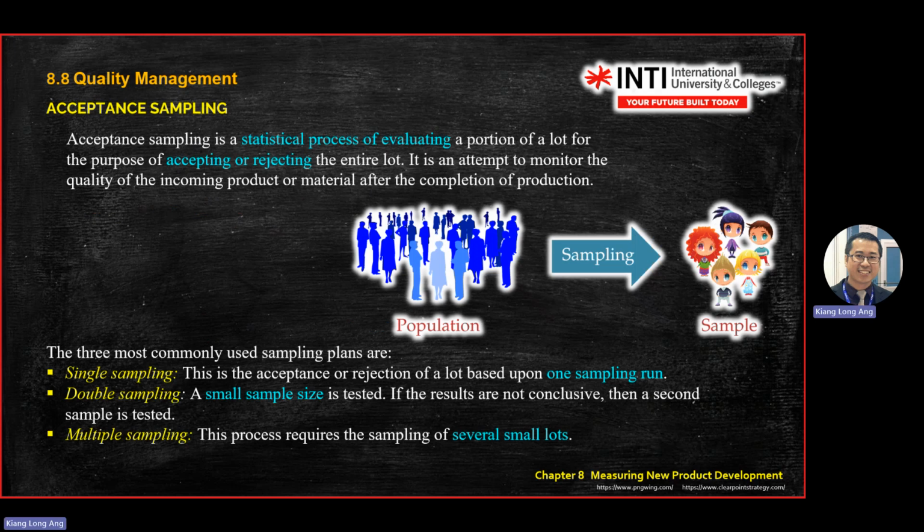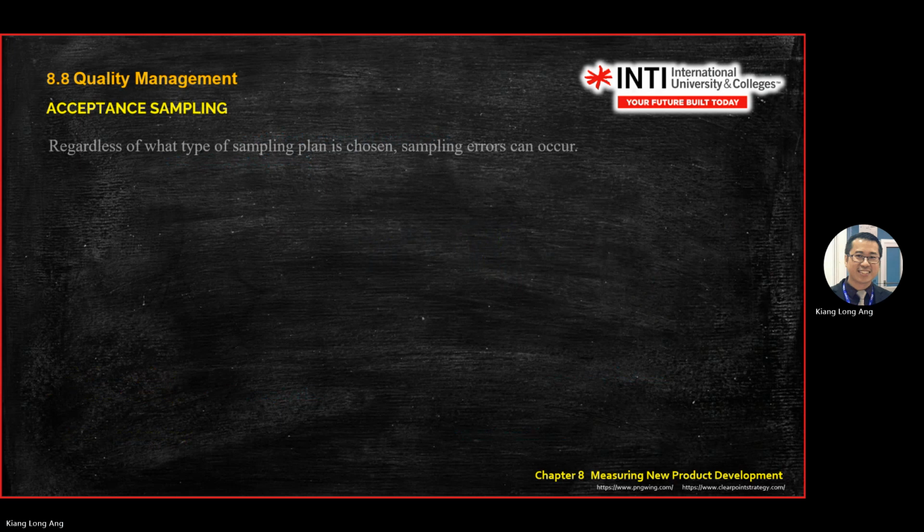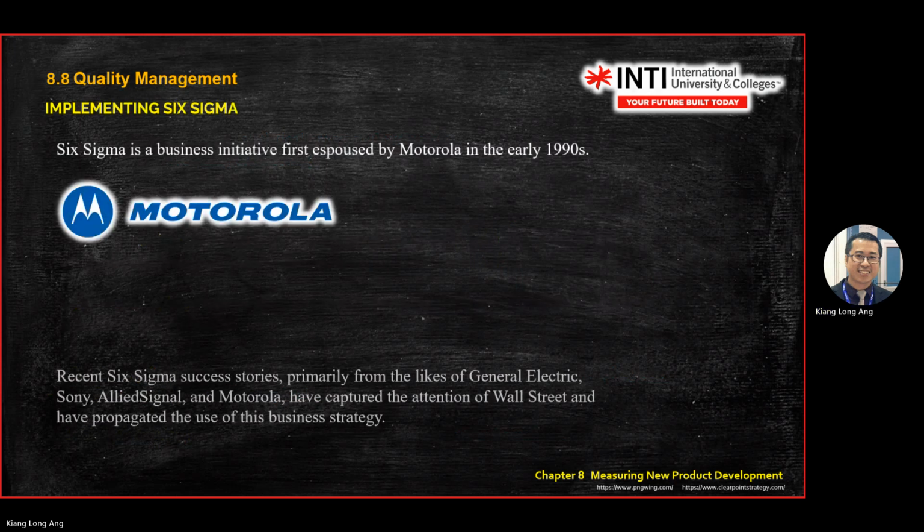This one is sampling: single sampling, double sampling, multiple sampling. Single sampling means you only do a single run. Double sampling means you have a small sample size tested. Multiple sampling means you have different small lots. Okay, this one you read.